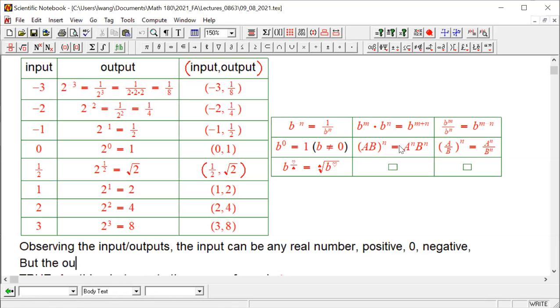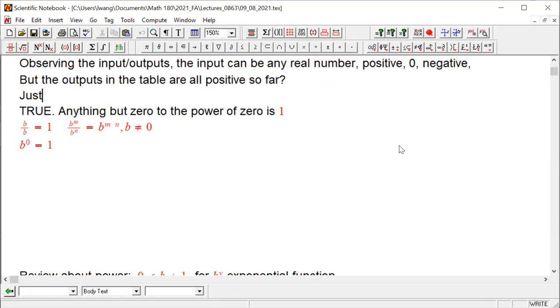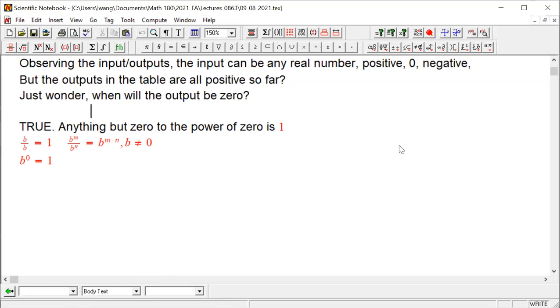The output in the table are all positive so far. Just wonder, when will the output be 0? When will the output be a negative number?